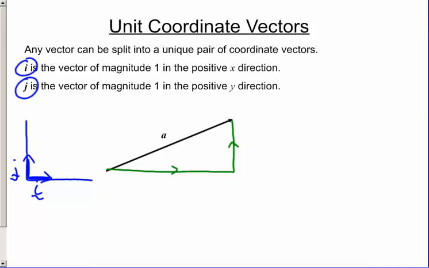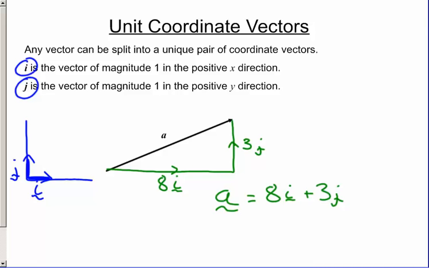So for example here, we might go across, maybe this is 8, so this would be 8i, and maybe it goes up 3, so it's 3j. So in this example, our vector a is equal to 8i plus 3j, splitting it into the component vectors i and j.